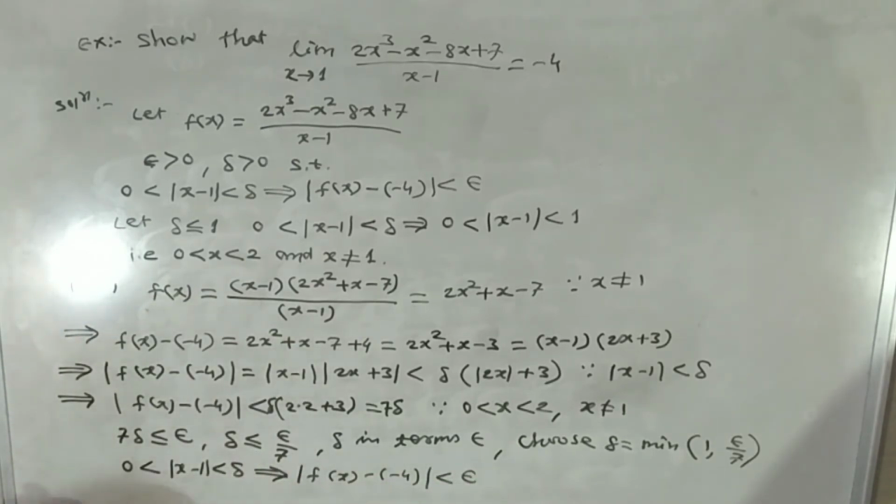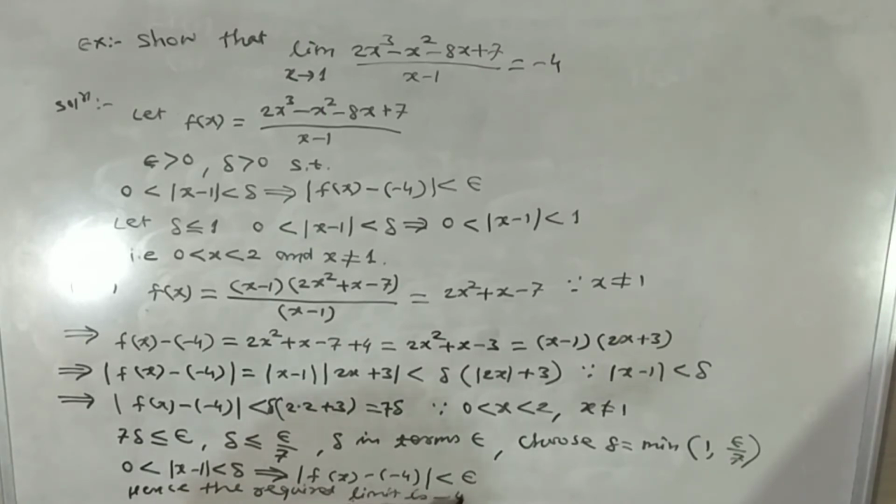Hence the required limit is minus 4. And therefore we have proved here that the limit of the function 2x cube minus x square minus 8x plus 7 divided by x minus 1 as x tends to 1 is equal to minus 4.